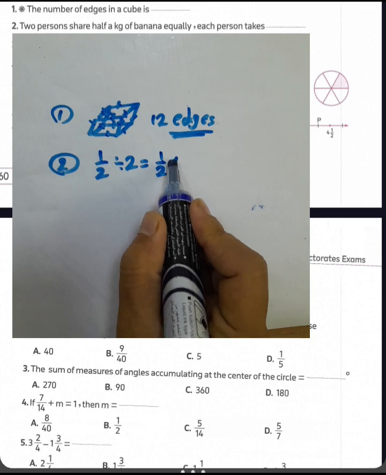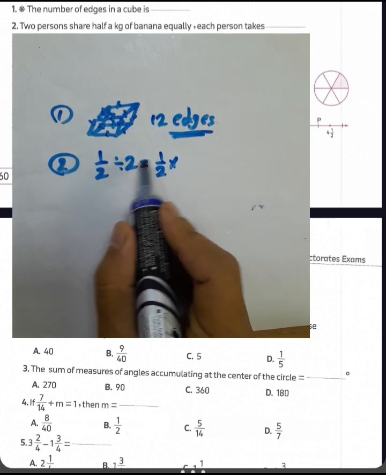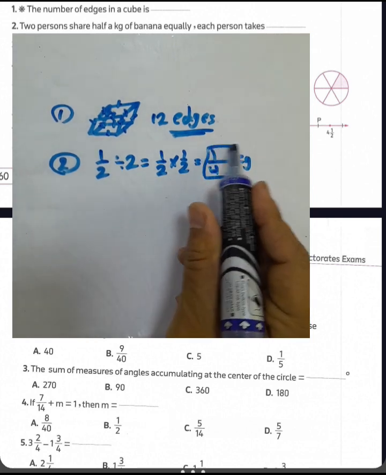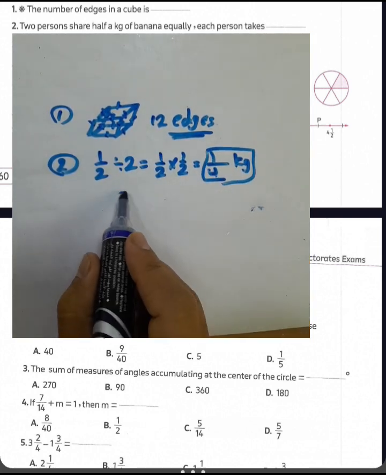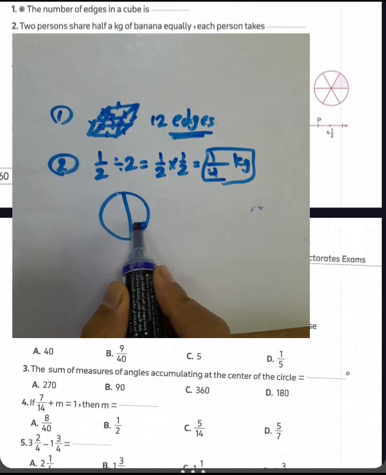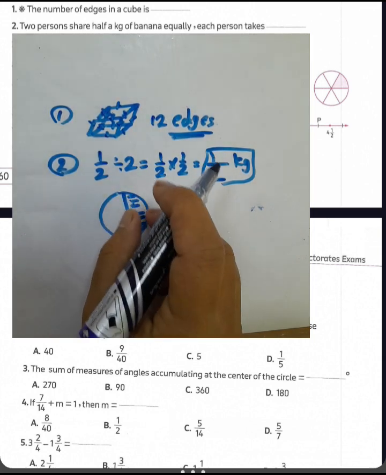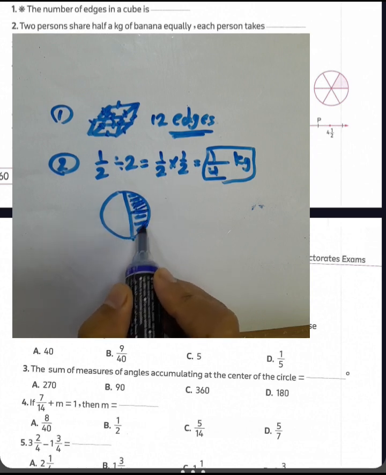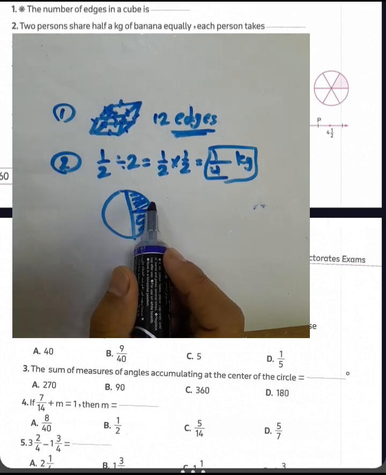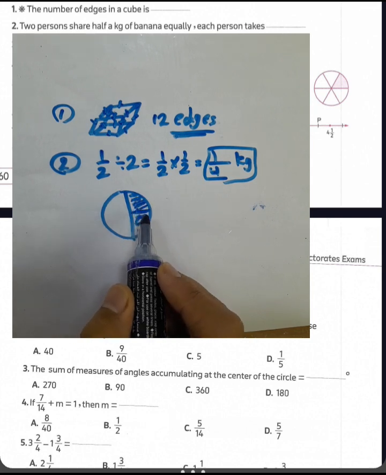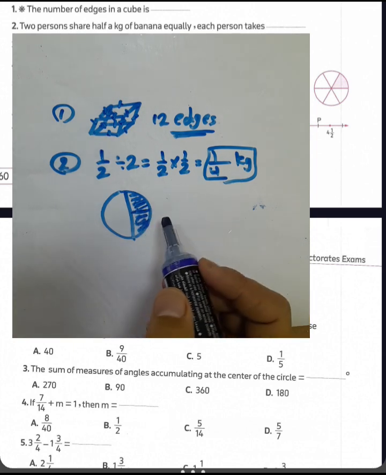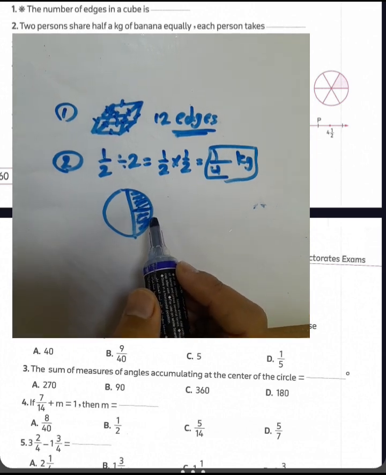Write half, convert from division to multiplication, and write the reciprocal of 2, which is 1 over 2. 1 over 4 kilogram. Each person will get 1/4 kilogram. We have half a kilogram, and we divide this half by 2 to give each one of them half of this part. It will be fourths, so each one will get 1/4 kilogram.